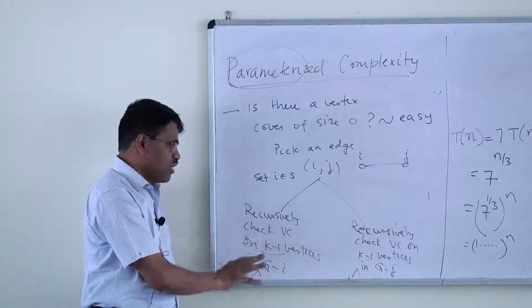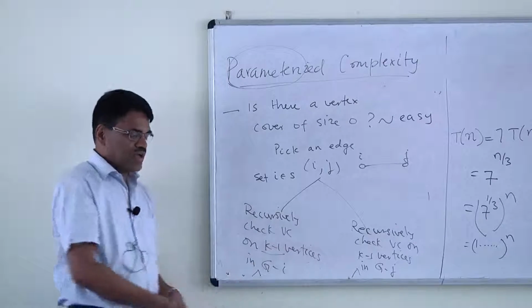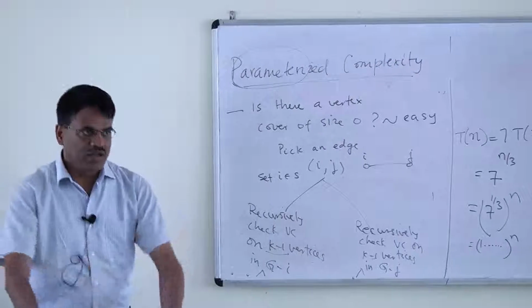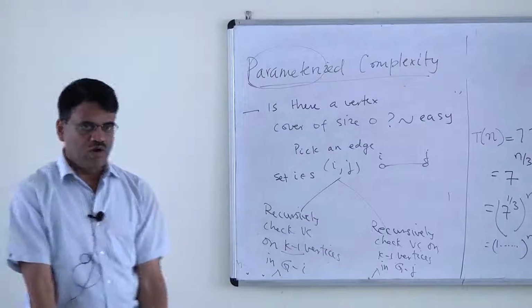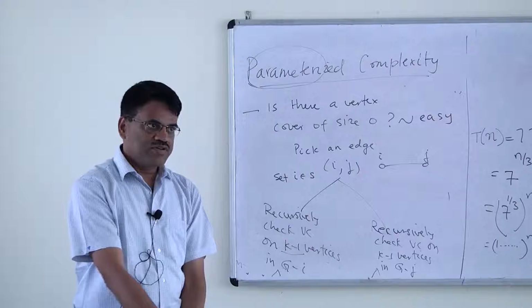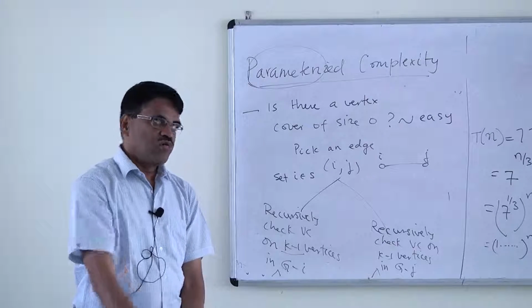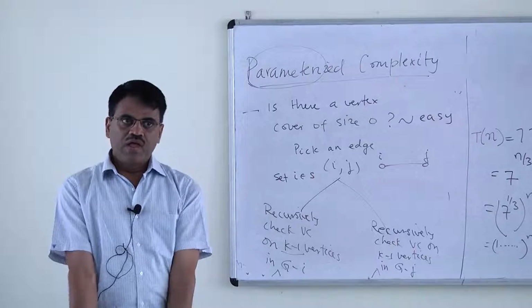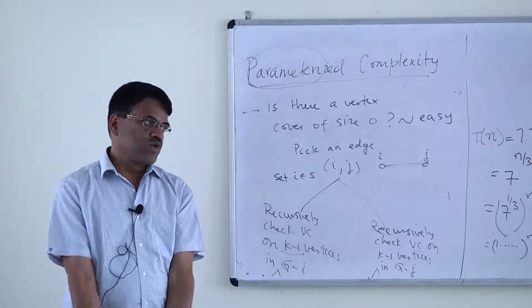When k becomes 0. I'm checking whether there is a vertex cover of size k; in the next step k minus 1, k minus 2, and eventually k becomes 0. Then I have a graph and ask: is there a vertex cover of size 0? I can do that in polynomial time. The answer is yes if there are no edges, and no otherwise.